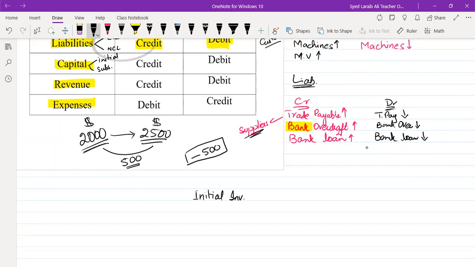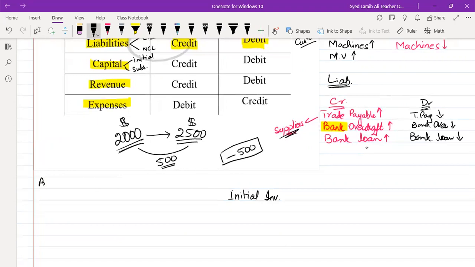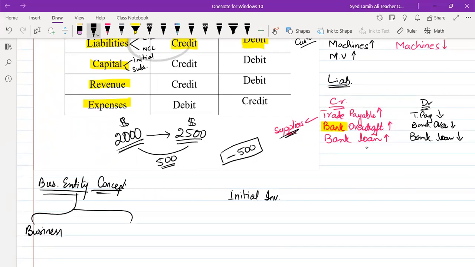Now, remember, according to the business entity concept, this is basically one of the accounting principles which every accountant or business has to follow. According to the business entity concept, the business and the owner are two different entities.